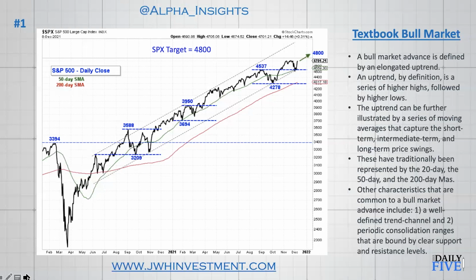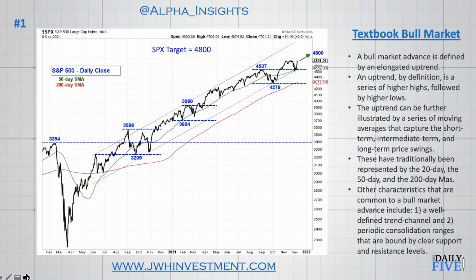The uptrend can be illustrated by a series of moving averages that capture the short-term, intermediate-term, and long-term price swings, traditionally represented by the 20-day, the 50-day, and the 200-day moving averages. I put on here the 50 and the 200 just to keep things clean.